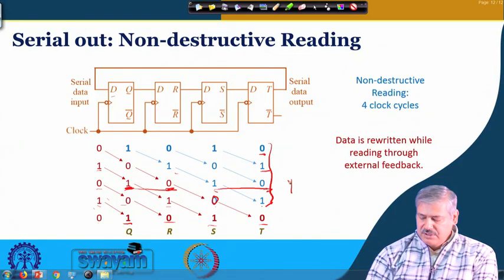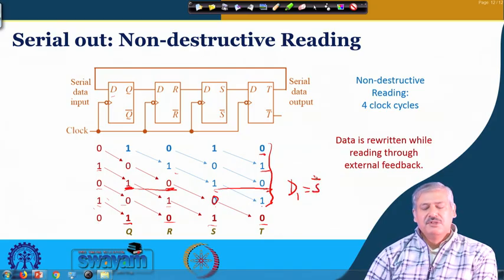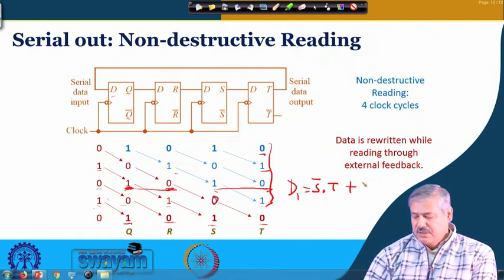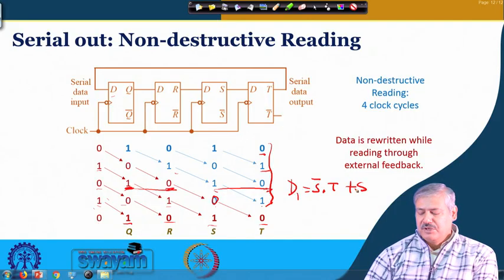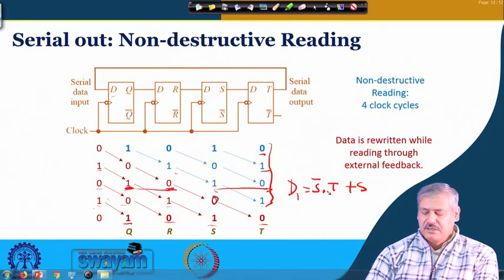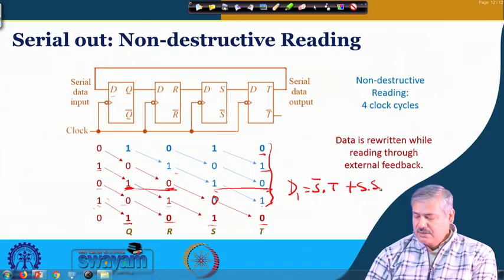Okay. So, D1 is a select input. So, when it is 0, say you are doing the reading. That will be your T plus, when it is 1 you are doing the writing. So, that is the serial input.